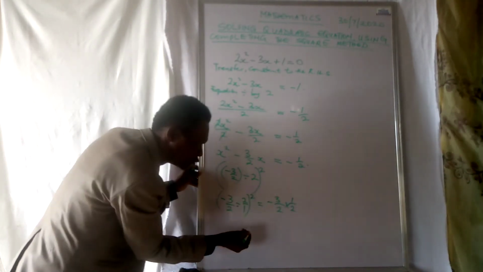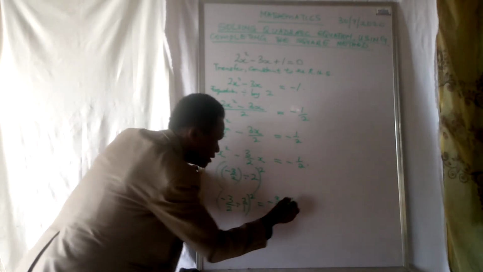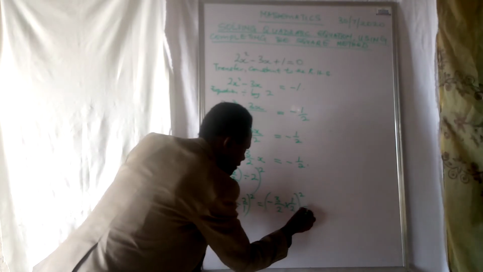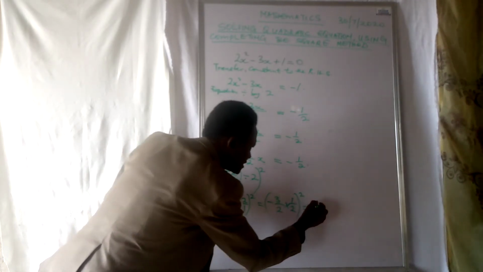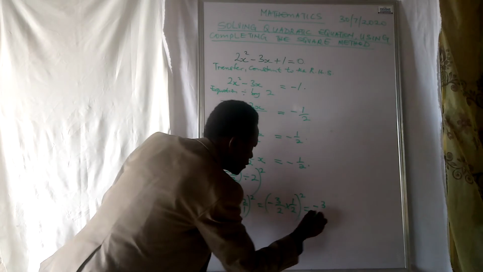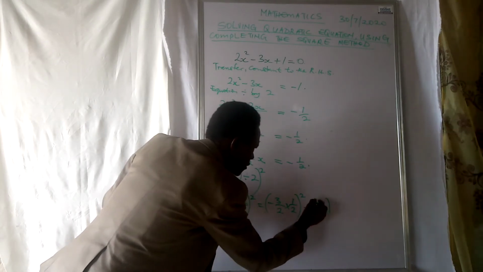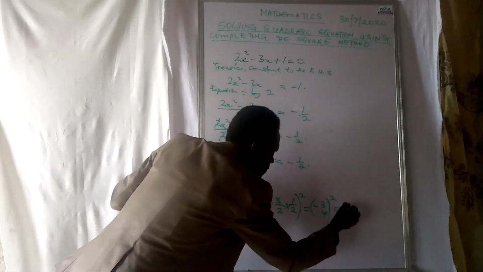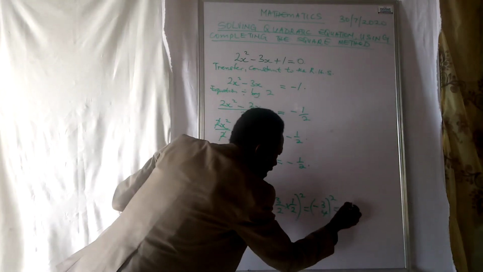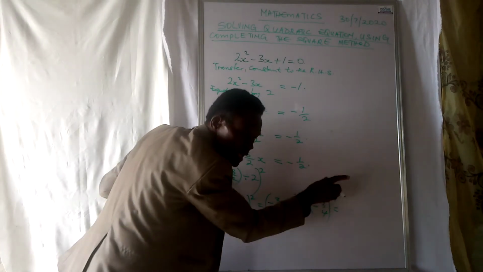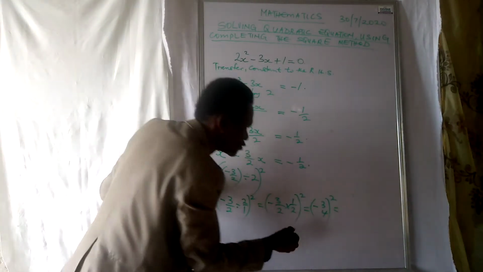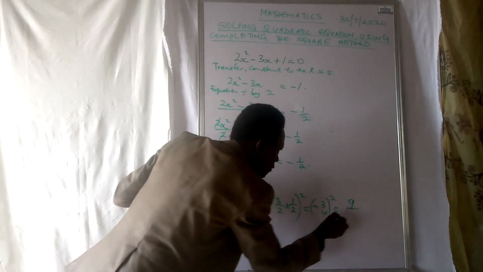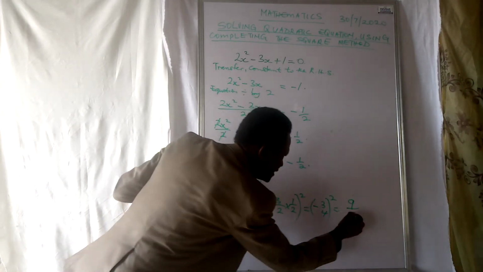That is 3 over 2 times 1 over 2, all squared. 3 times 1 is 3, that is minus 3 all over 4, then all squared. 3 squared is 9, because when the minus is squared, it becomes positive. So 3 times 3 is 9, all over 4 times 4, that is 16.